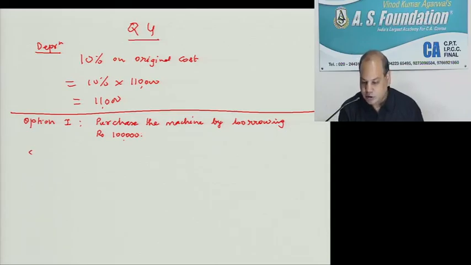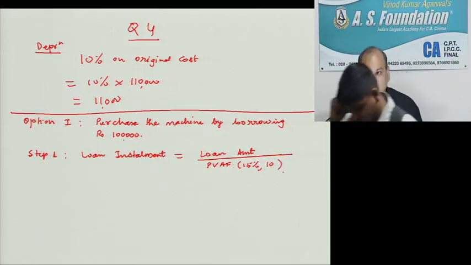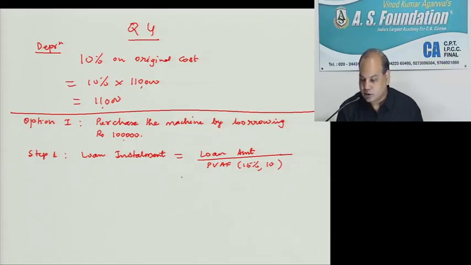Okay. So under that you write step 1 is loan installment. Loan installment is equal to loan amount upon PV annuity factor. What is the interest rate? 15%. Time? And what is the date of payment of loan installment? At the end of the year. So annuity factor take.